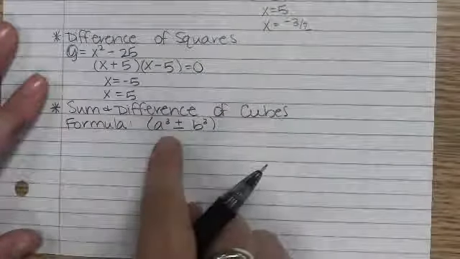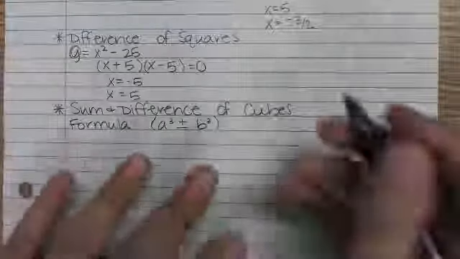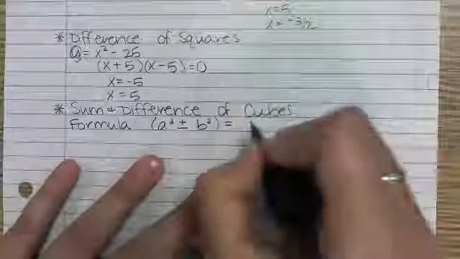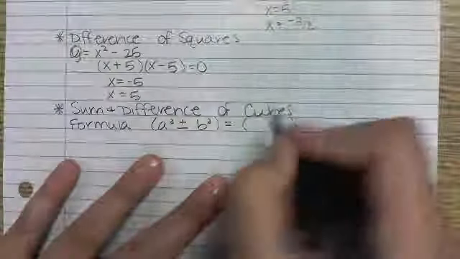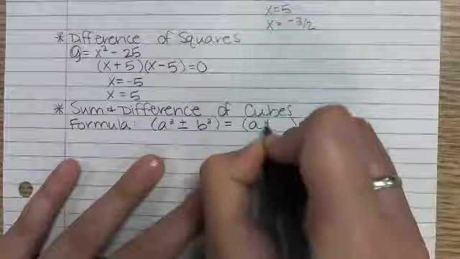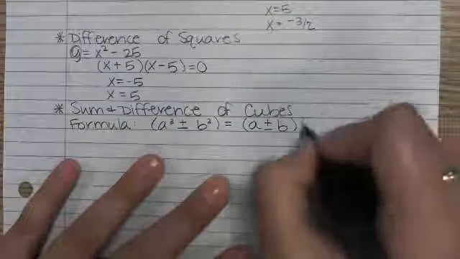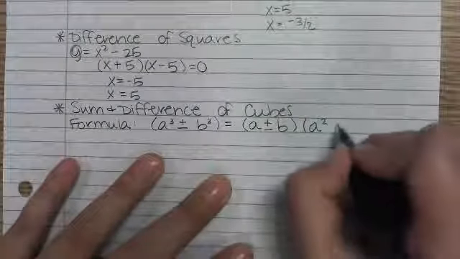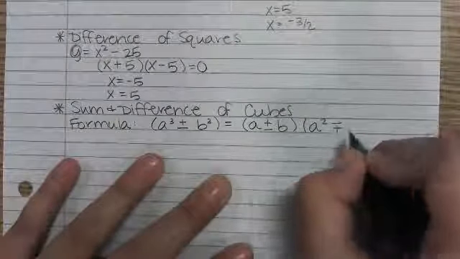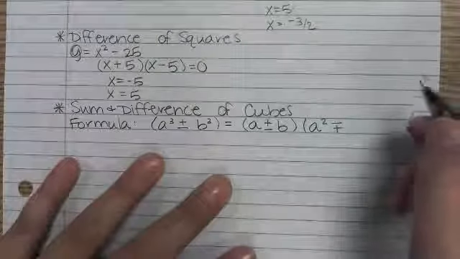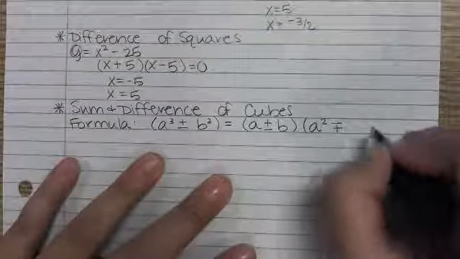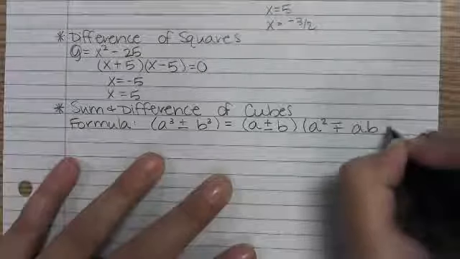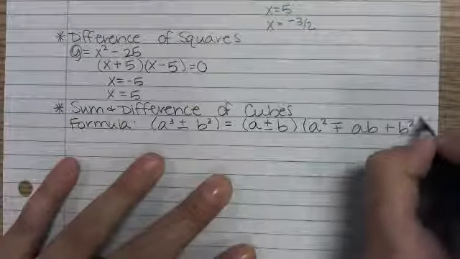So that's what the original function would look like. If it originally looks like that, then when you factor it, it's going to be a plus or minus b. And then here's going to be a squared. And then this part you're going to write minus or plus. You're going to switch those, and I'll tell you why in a second. And then it's going to be ab plus b squared.